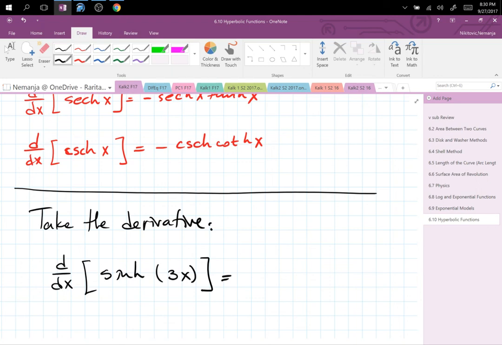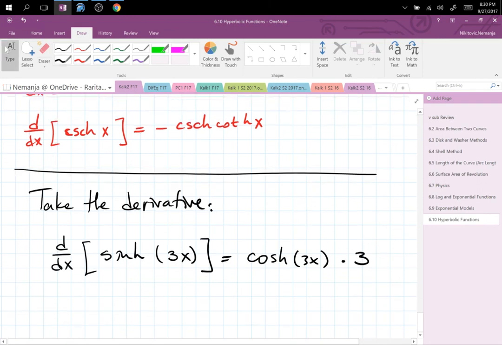So how do you take this derivative? What's the derivative of sine hyperbolic? Cosine hyperbolic of 3x times 3 in chain rule. Nothing special, guys.